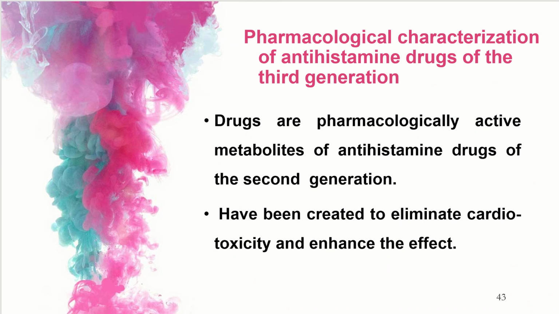So let's look at the pharmacological characterization of antihistamine drugs of the third generation. These drugs are pharmacologically active metabolites of antihistamine drugs of the second generation, and they have been created to eliminate cardiotoxicity and enhance the effect.